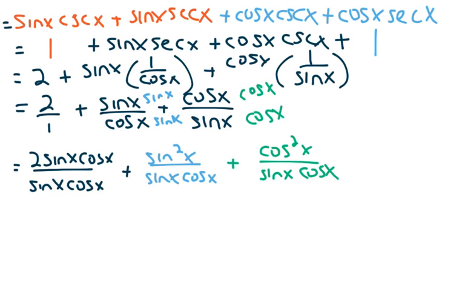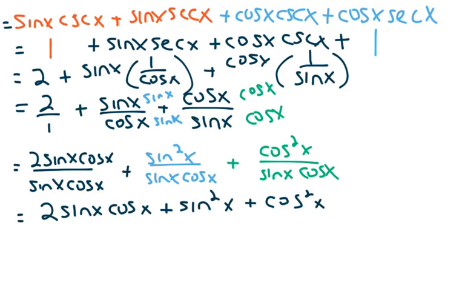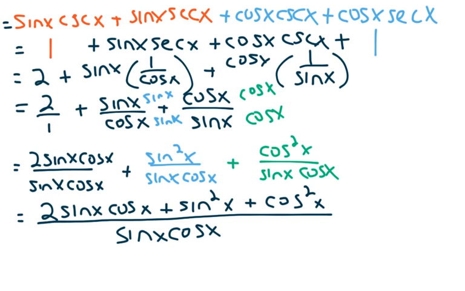Now that I have a common denominator, I can combine all of my numerators. So we have 2 sine cosine plus sine squared plus cosine squared, all over, nasty square there, sine x cosine x.